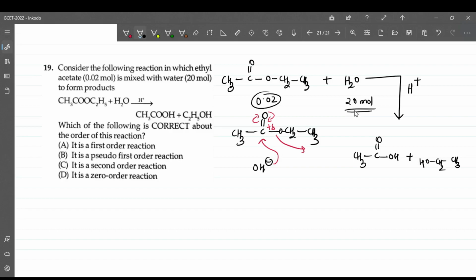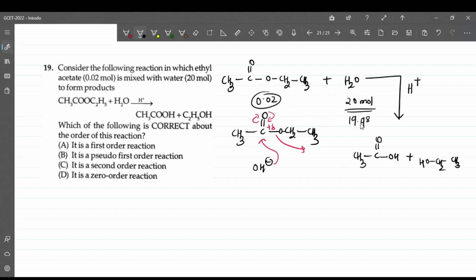So from this 20 mole, after the reaction, how much will be remaining? 19.98 is going to remain, if you subtract.